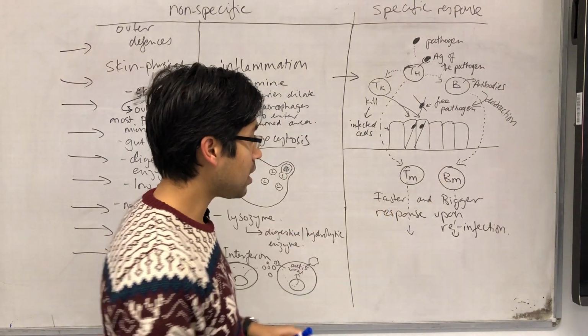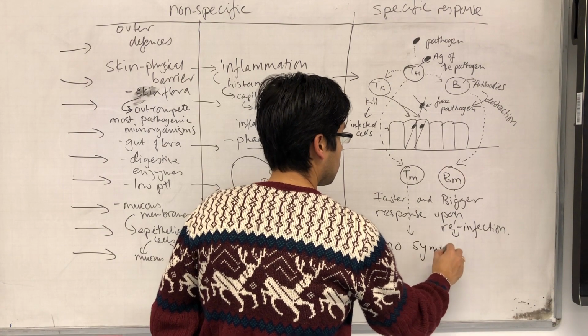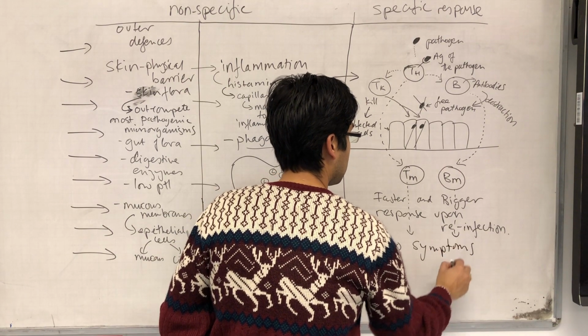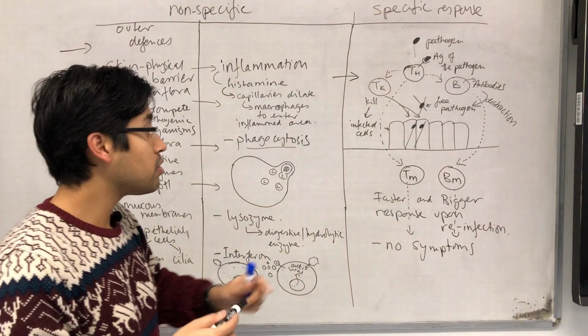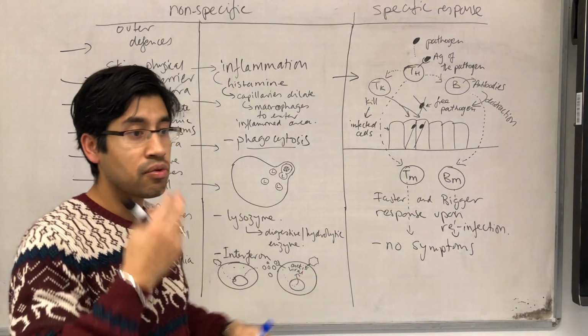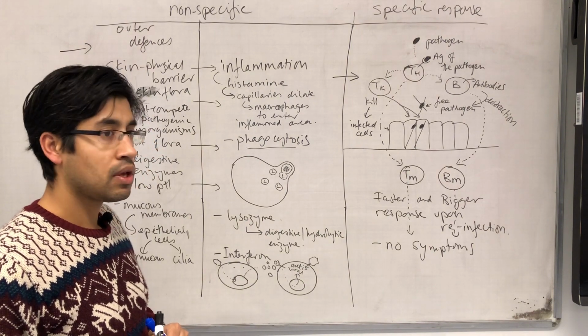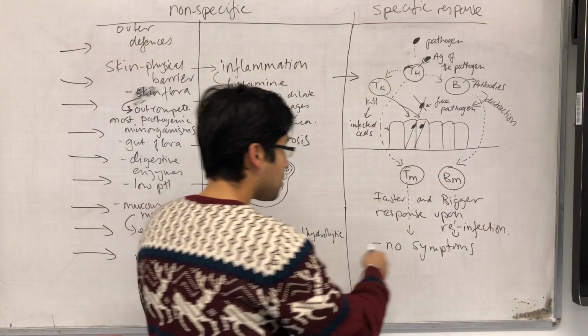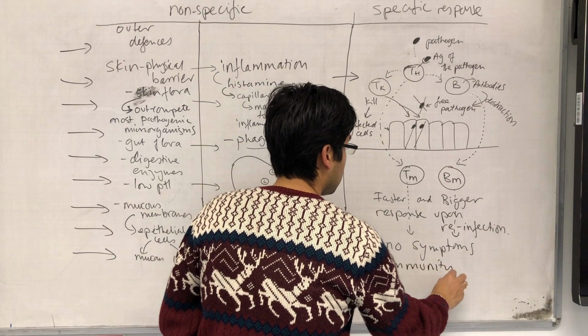And this is so effective that you wouldn't even feel that you had been infected. You would feel no symptoms because the response is so fast and so large. Yeah? And essentially this is what we call immunity.